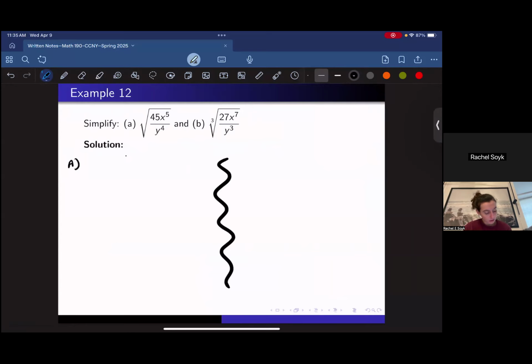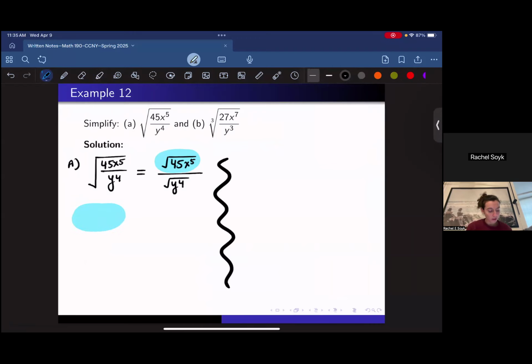And so our first example, we're dealing with the square root of this fraction. What I'm going to do is separate the numerator and denominator from each other for a moment. That numerator, which maybe we'll highlight in blue, can be broken up into two different parts, right?